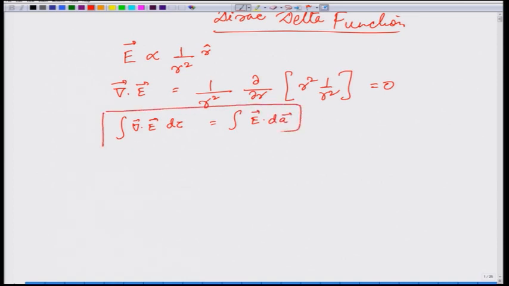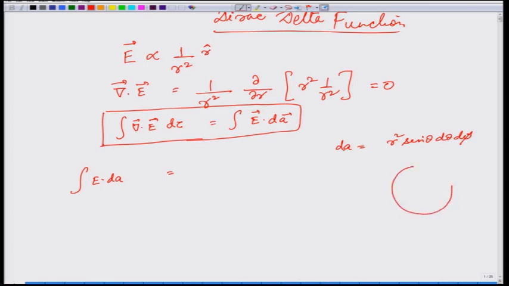We know this. So if you calculate E dot dA in the spherical polar coordinate system, we know that our E varies as 1 by r square and our dA will be radially outwards, r square sin theta d theta d phi. We are calculating at radius r, the radius of the sphere.